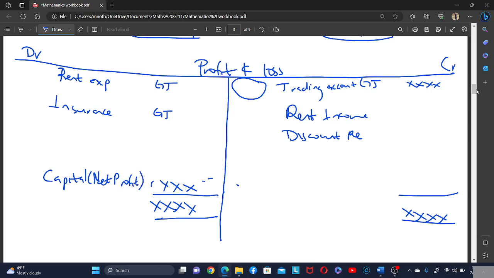Remember, I said that the profit and loss is used to determine the net profit. Now, if the debit side is bigger, the difference is going to be here on the credit side, but it is going to be a loss. It is no longer a profit, it is now a loss if the debit side is bigger. But I'm going to do the example in the next video.